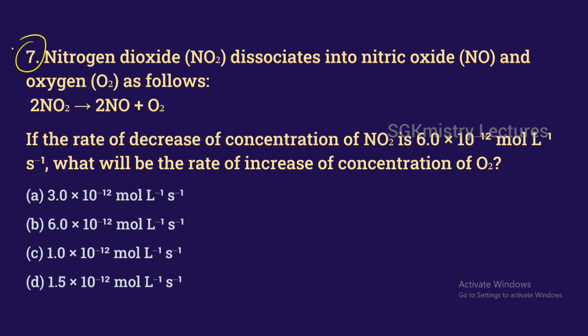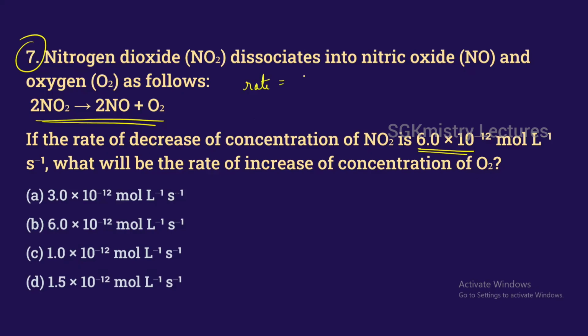Next, nitrogen dioxide dissociates into nitric oxide and oxygen as shown in the given equation. If the rate of decrease of concentration of NO2 is 6.0 into 10 to the power of minus 12 mole per liter per second, what will be the rate of increase of concentration of O2? So now let us write the equation for the rate.